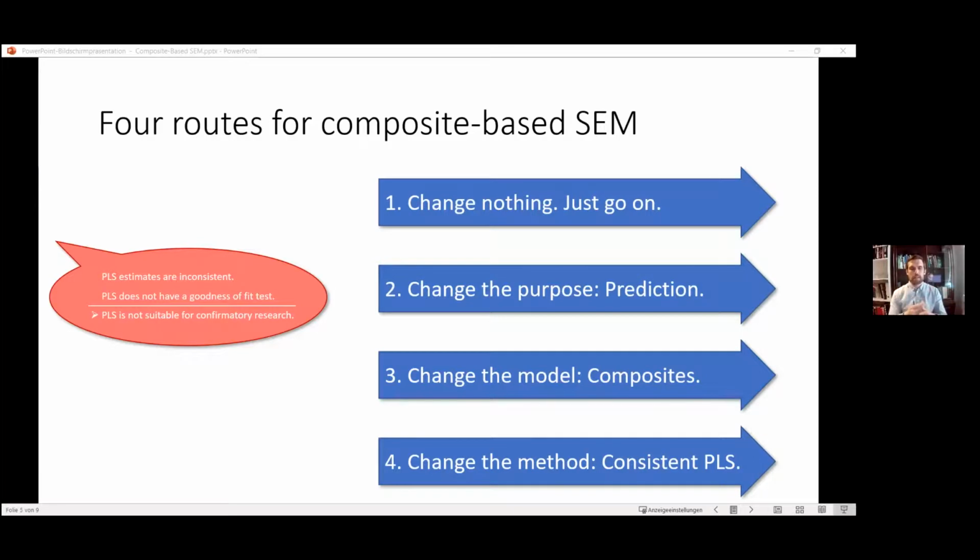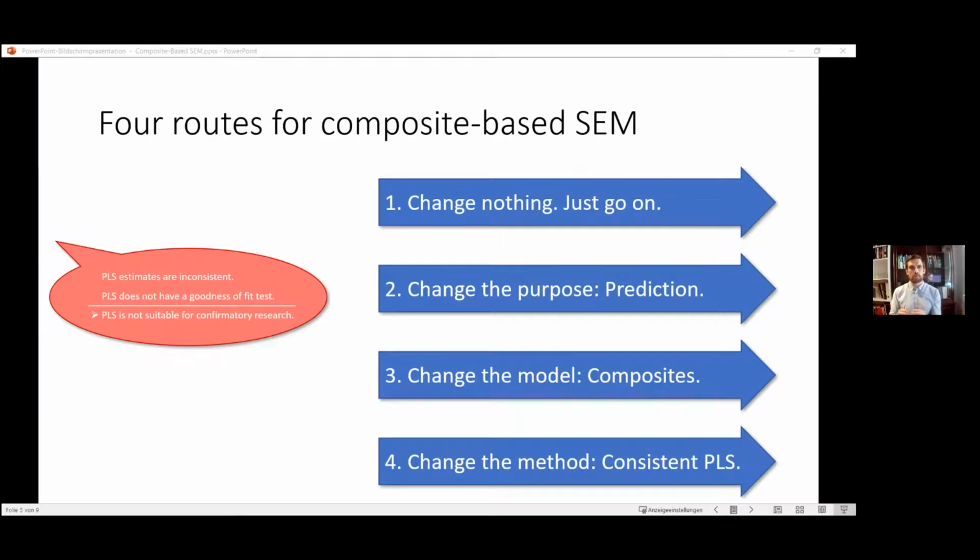However, if you ask, do we have a significant relation, and is that path coefficient higher than another relation's? Well, then you can use PLS. Also ask the question, which estimation method is most robust to misspecification?